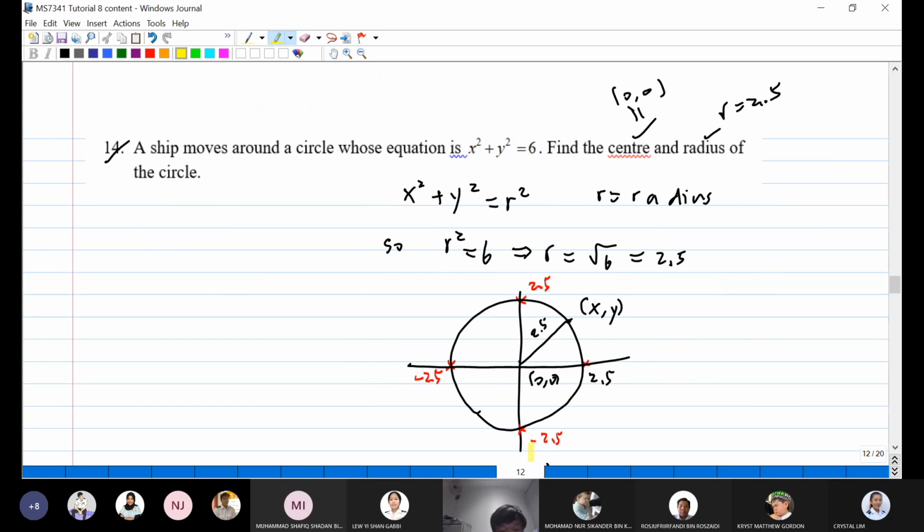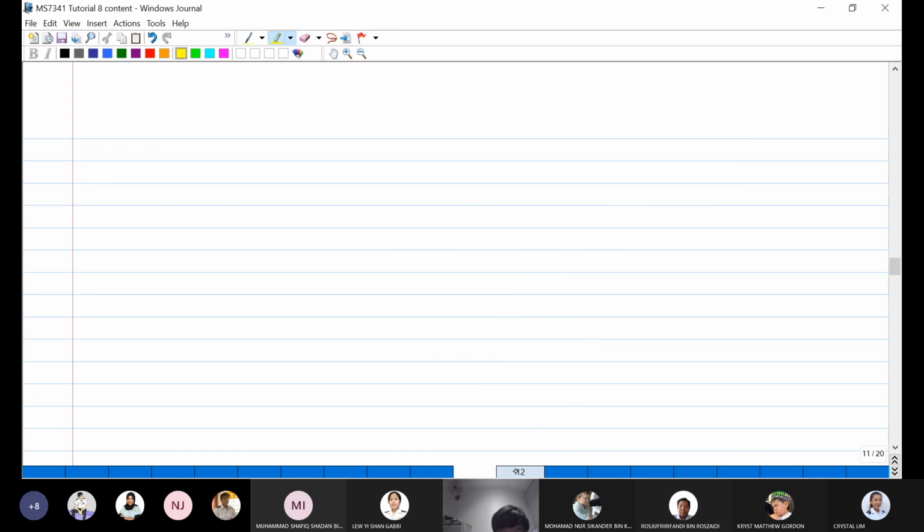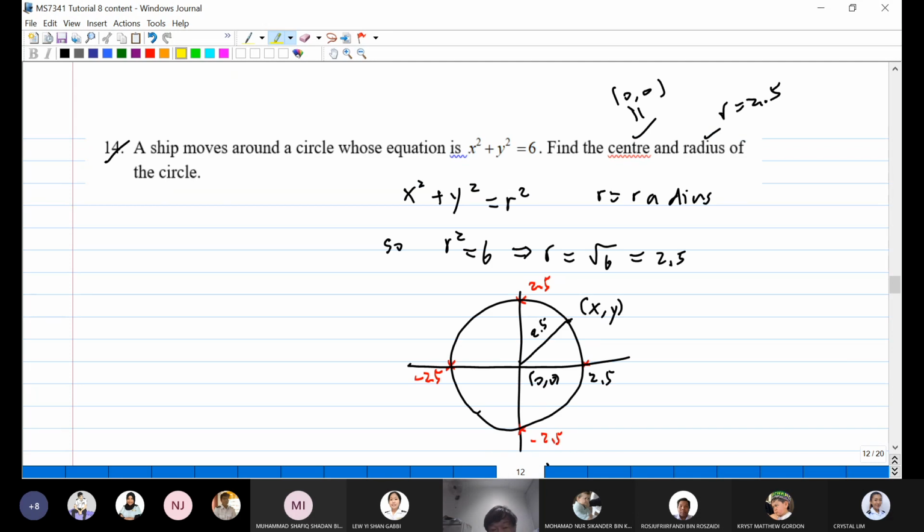Okay, next part, 14. Let's go back to circle again. The sheep moves around a circle, and the equation x squared plus y squared equals 6 there. Find the center and radius.